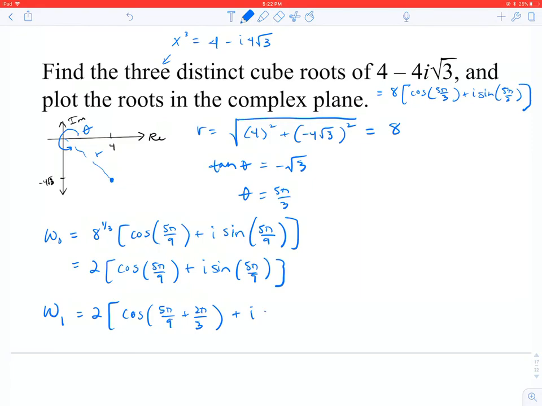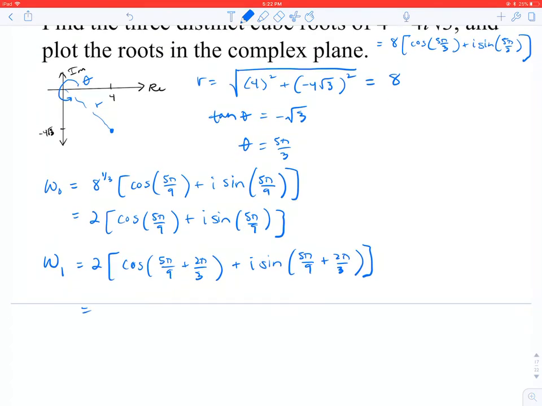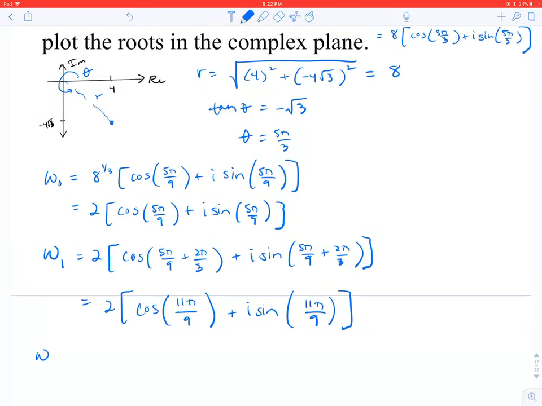So I'm going to add 2 pi over 3 to the angle of the first root. So we get 2 times cosine of 11 pi over 9 plus i sine 11 pi over 9.